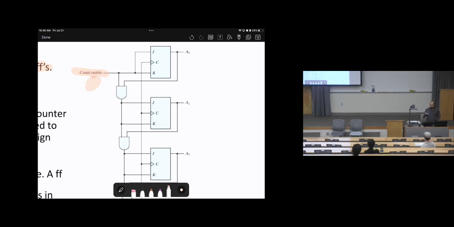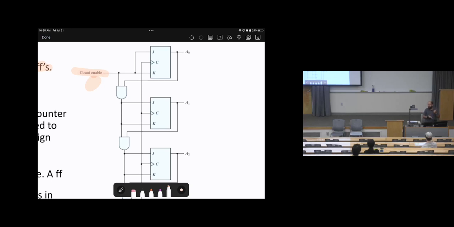If you make it 1, or you press the button, it starts counting, count 1, count 2. So it will be based on your push button. So the difference between synchronous and ripple counter: in the ripple counter, each flip-flop was connected to the other one. The output of the flip-flop was connected to the clock of the other one.